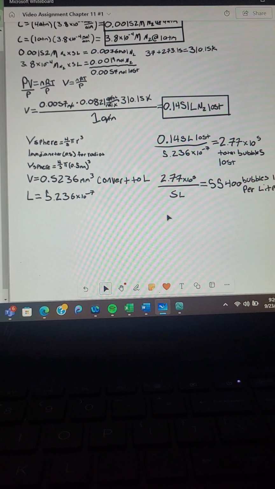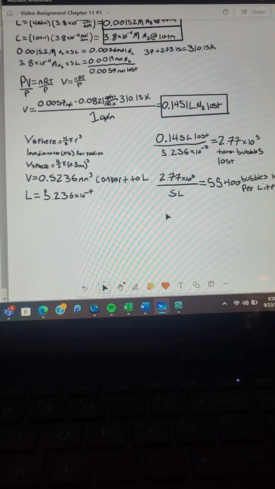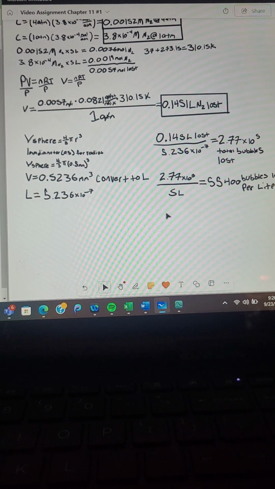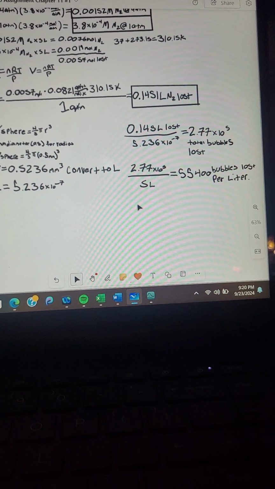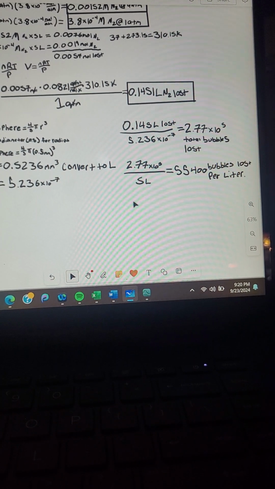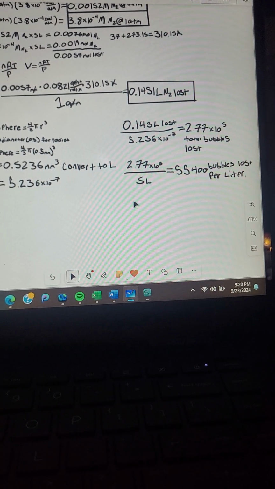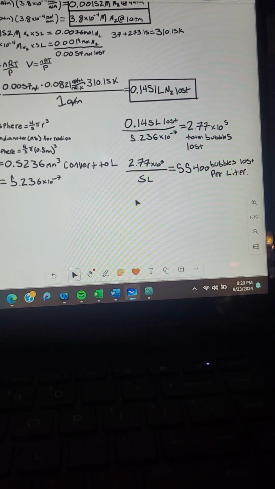That is the total amount of bubbles lost in 5 liters of blood when the diver rapidly ascends from 4 atmospheres to 1 atmosphere. In order to get that into bubbles per liter, we just divide that number by 5, which gets you 55,400 bubbles lost per liter of blood.